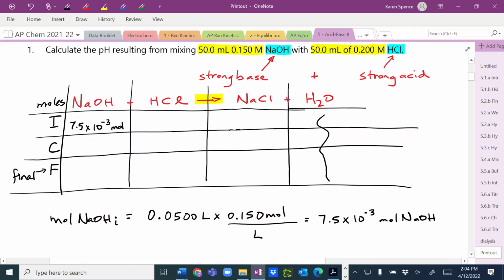What else should I be calculating? Moles of HCl.